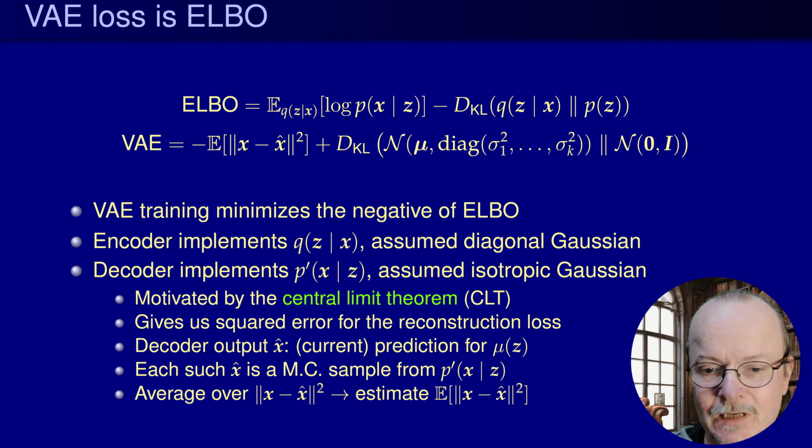This is done simply by computing the squared error between the reconstruction and the original. This single sample value provides a noisy estimate of the expected reconstruction loss.